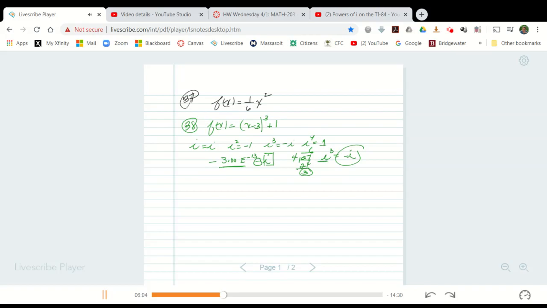Now the correct answer is negative I, so this is working out fine. I to the 27th, 6 into this remainder of 3, so that tells me that my answer is I to the third power. And I'm not really sure why the calculator gave me that incorrect answer. Second function, let me pause for a second.